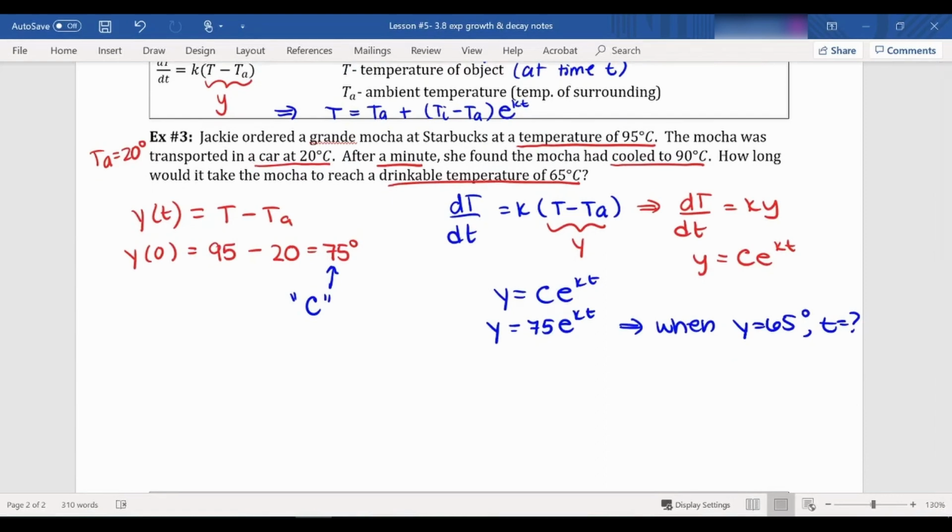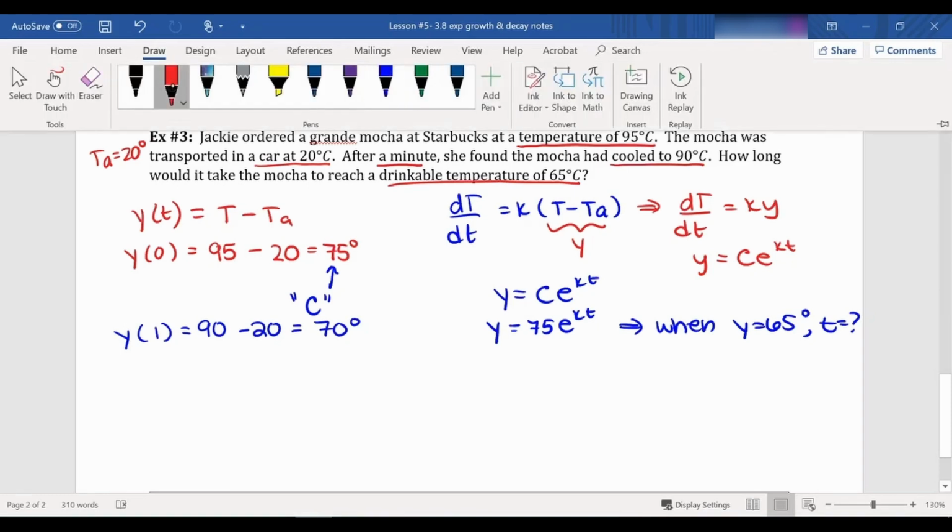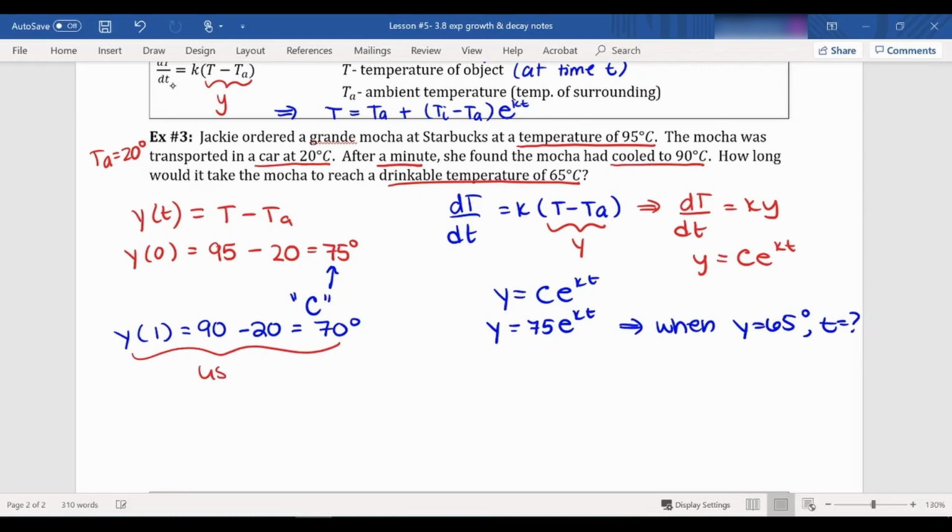I know after a minute, the mocha has cooled to 90 degrees Celsius. So after 1 minute, I have 90 degrees, and I know that y of 1 after a minute would therefore be 70. So I can figure out what k is using this information.